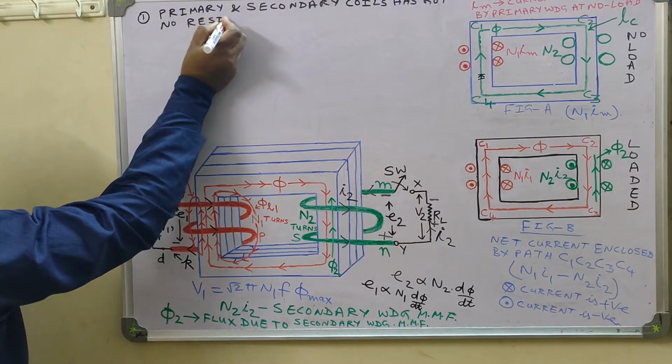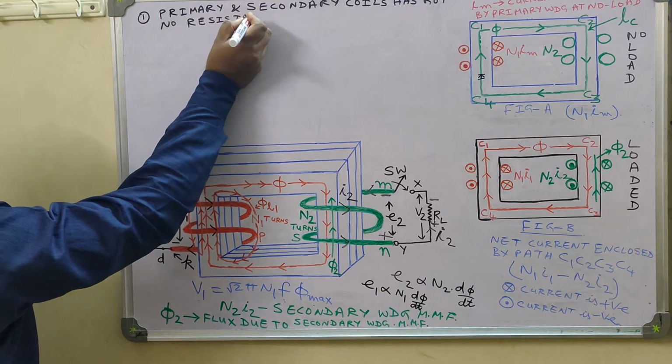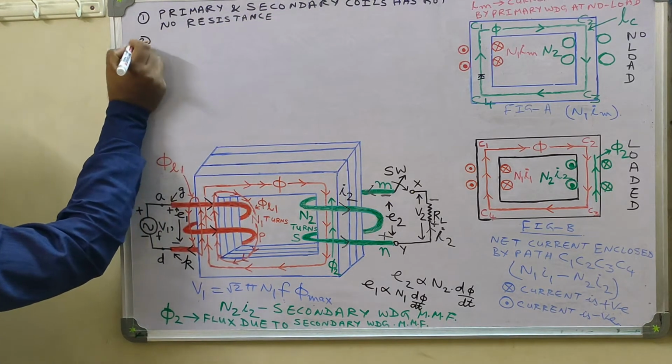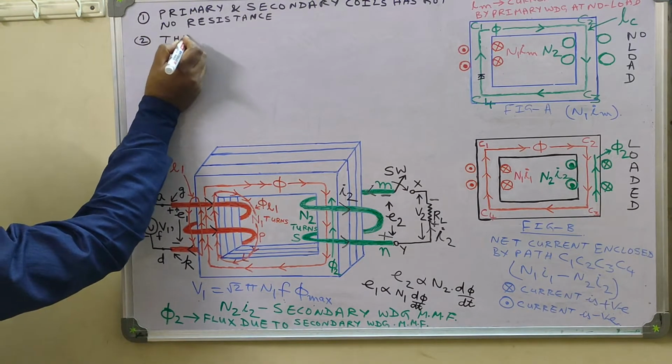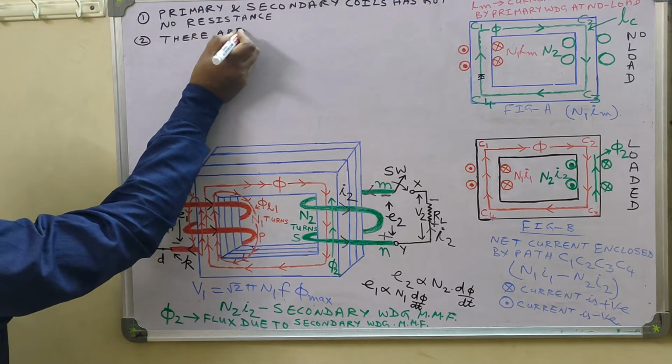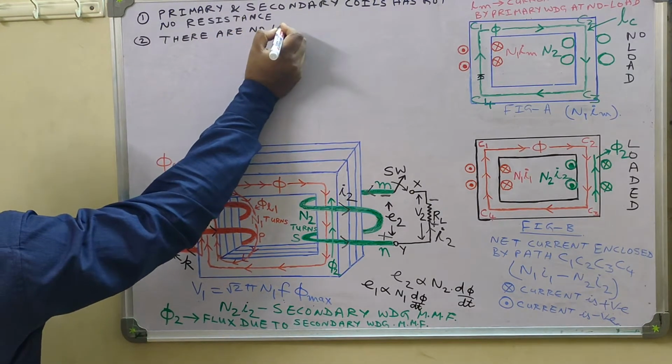So this is our first assumption, no resistance. Second assumption is that there are no leakage fluxes.